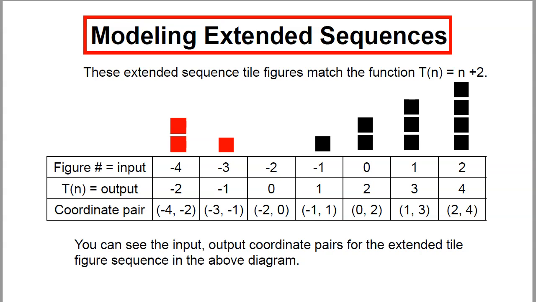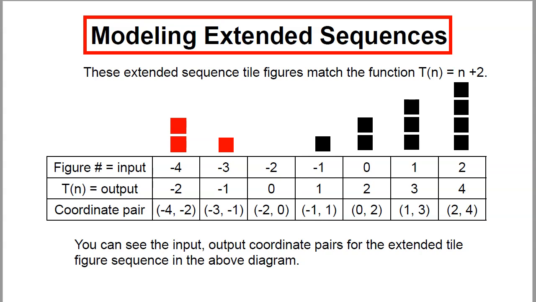Here's an example. You can see that each of these tile figures corresponds to the function relationship t of n equals n plus 2. Because the slope is 1 here, the coefficient in front of the n is 1.